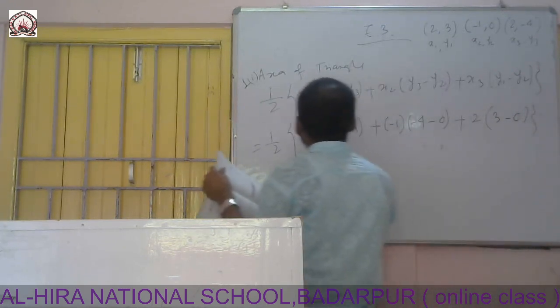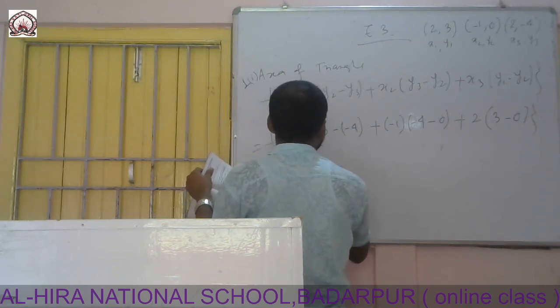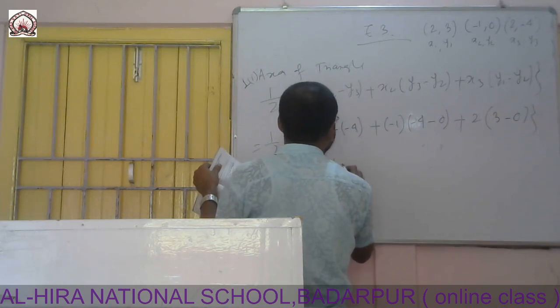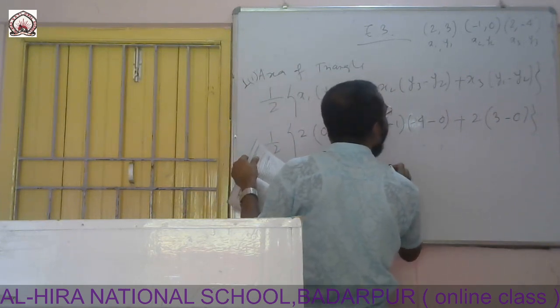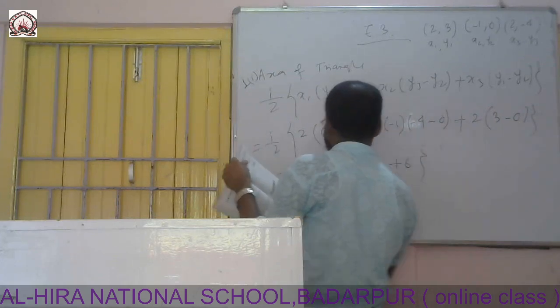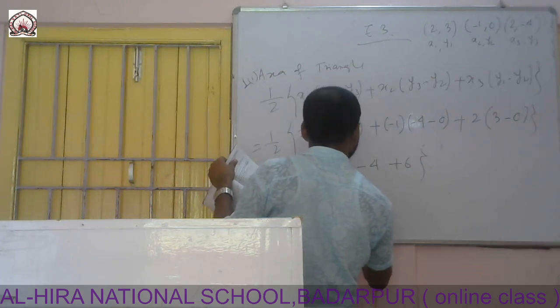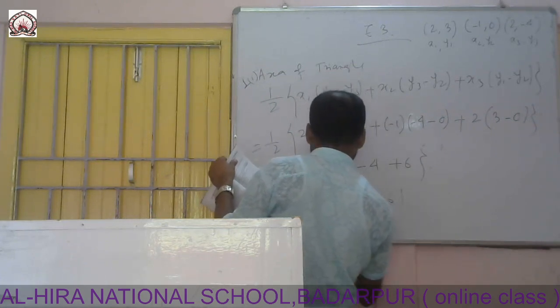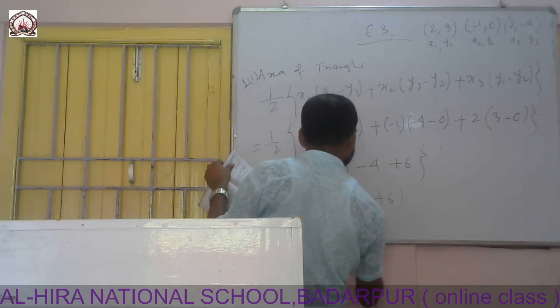So this is half into 8 minus 4 plus 6. Half into 8 minus 4 is 4, plus 6.